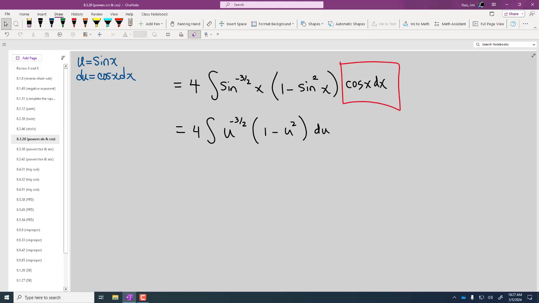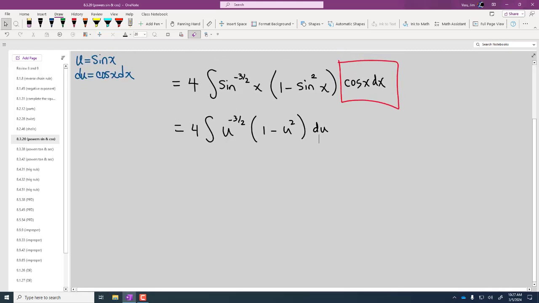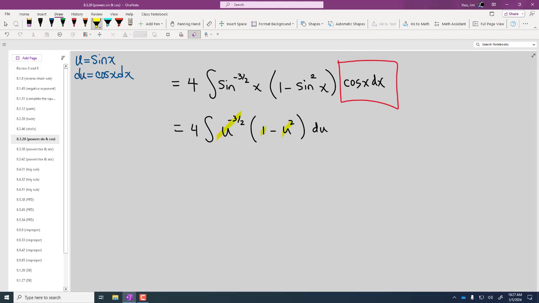We will have to distribute. That is going to be distributed to here and here. You could do it with the signs if you wanted above, but that's just a little more work. You could theoretically do integration by parts here. If you really wanted, you could do integration by parts here.